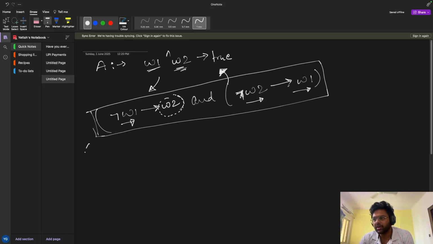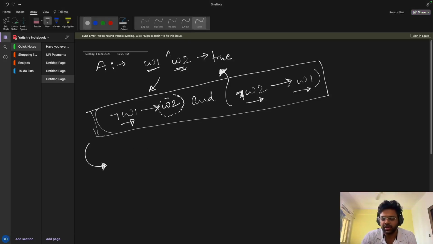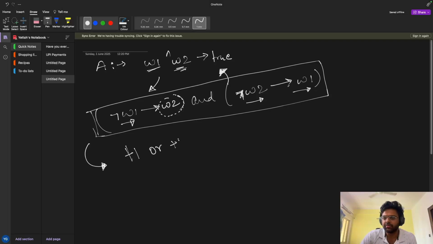And now let's see how we can further deduce this from the test case, like the options we are given. If I say plus 1 or plus 2, the literal meaning is including topping 1 or topping 2.